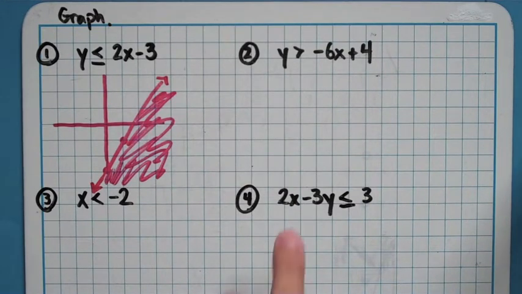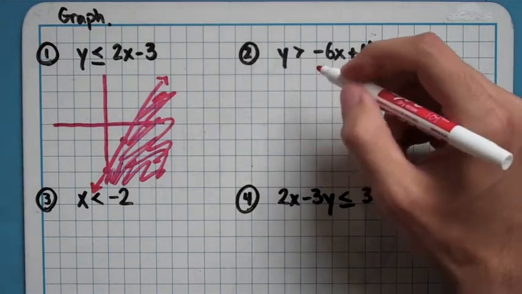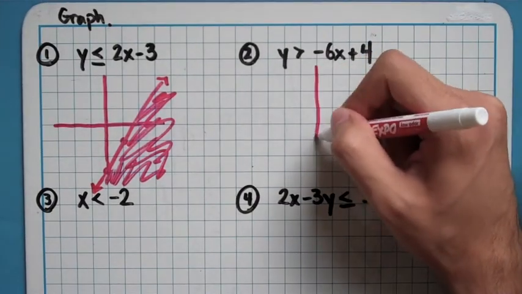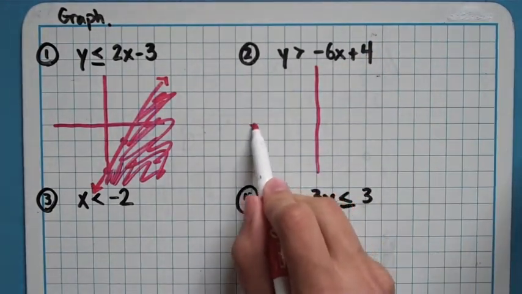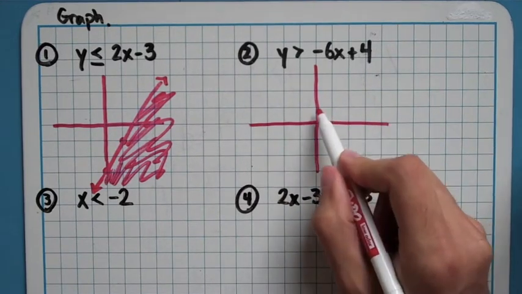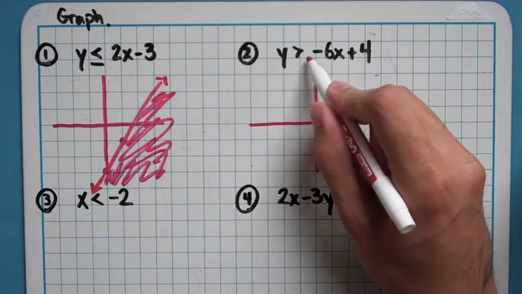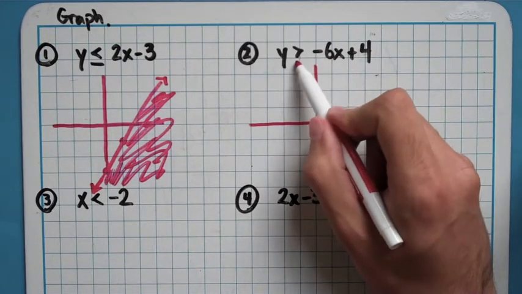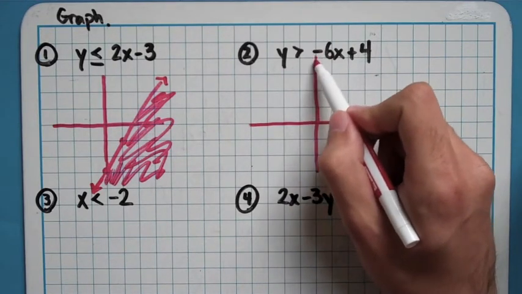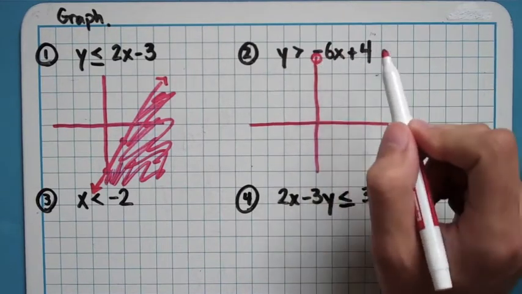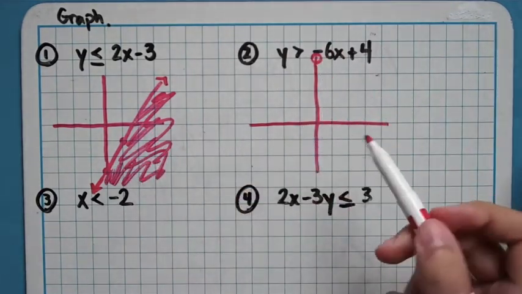For my second example here, again, I'm going to treat it like an equal sign for just a second, pretending that inequality isn't even there. I want to go up to 4. 1, 2, 3, 4. And as a technicality on this one, it's going to be a dotted line. Technically you need to have an open circle instead of a dot there, because if it's a dot, it means you can use the point.